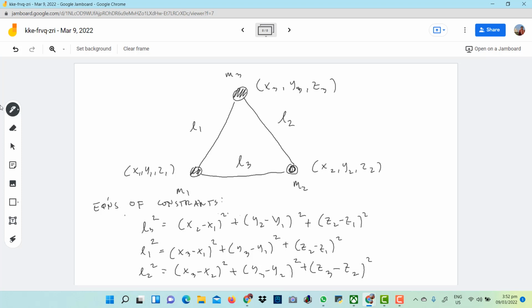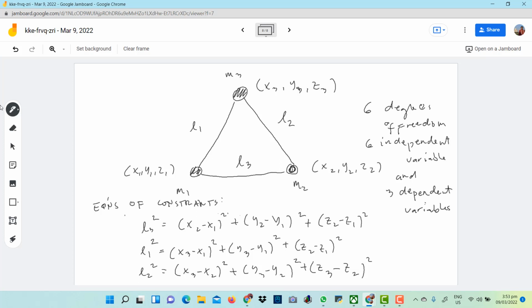So 6 degrees of freedom, I have 6 independent variables, and 3 dependent variables.